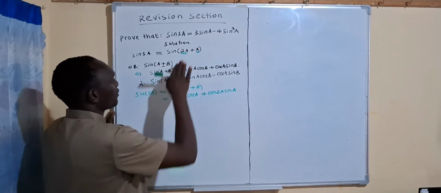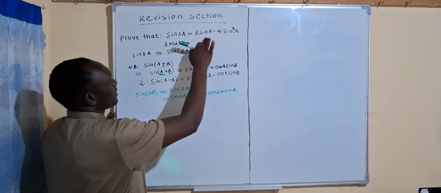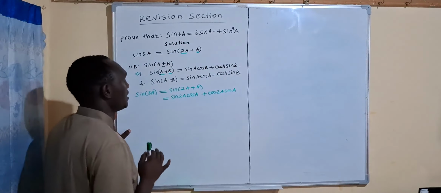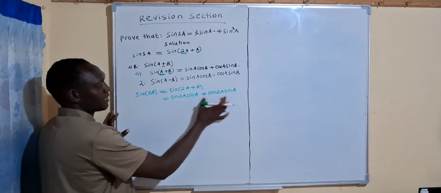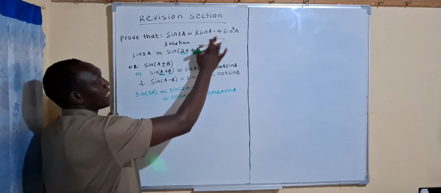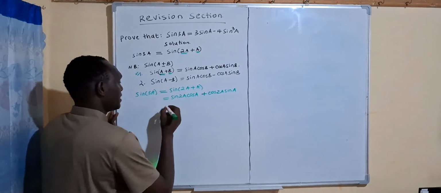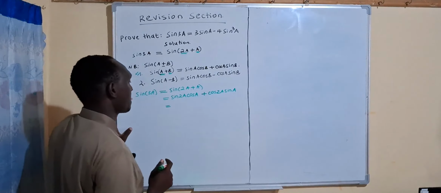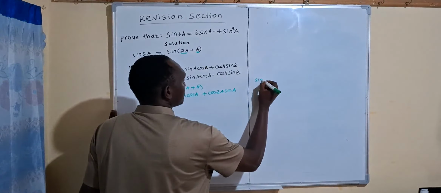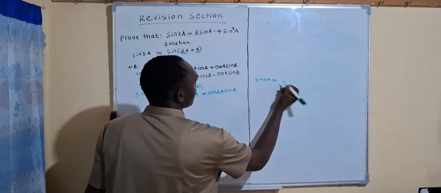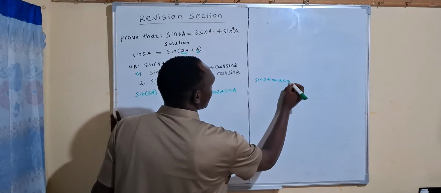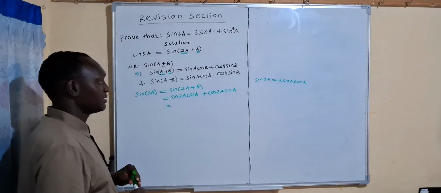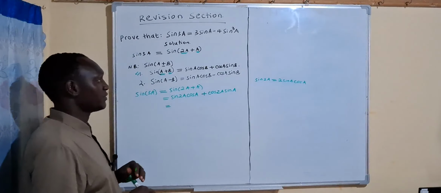Now, if you look at our proof, we have sine A and sine cubed A. These are the terms we shall see, so we shall try to find a way that all our terms are in terms of sine. You know that sine of 2A is the same as 2 sine A cos A. Yes, that is an identity, and you should find time and try to understand that.